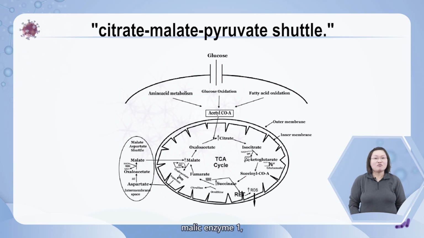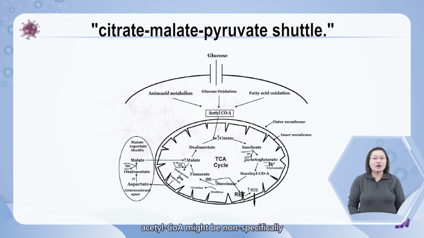Alternatively, malic enzyme 1, NADP-dependent cytosolic ME1, can convert malate into pyruvate, which can re-enter the mitochondrial matrix via the MPC. Acetyl CoA is also exported from mitochondria via the carnitine shuttle. Thus, the citrate-malate-pyruvate and the carnitine shuttle may ensure the continuous transfer of acetyl CoA from mitochondria to the cytosol.